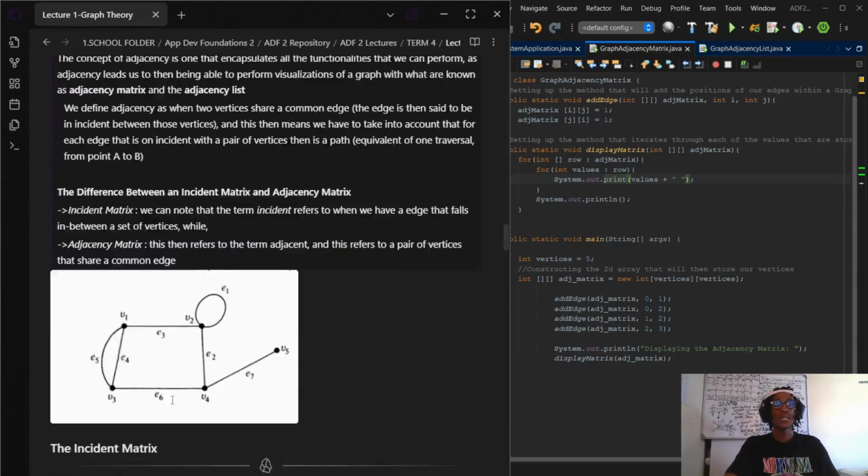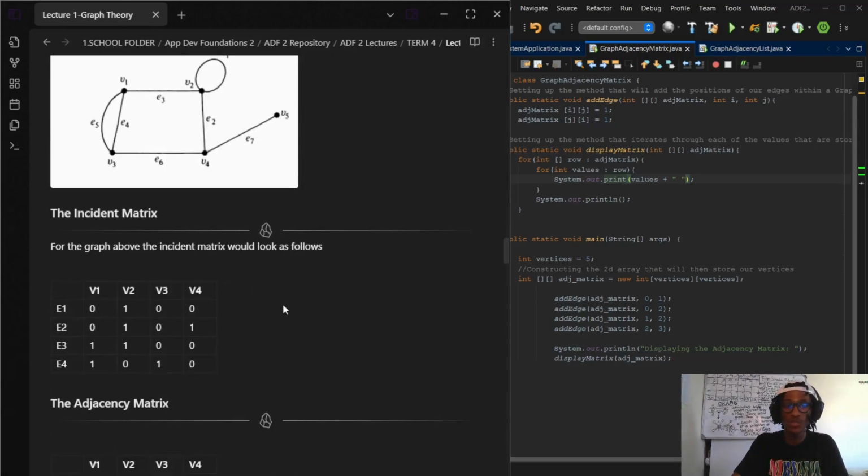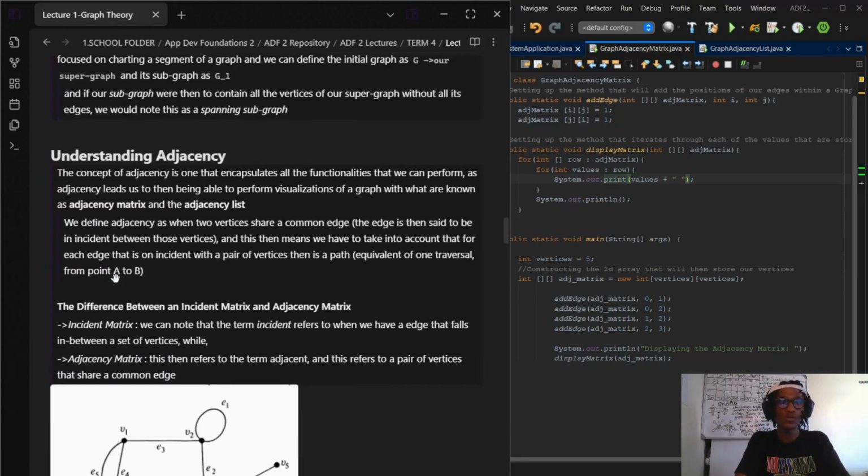But yeah, now we have to focus on the concept of adjacency because it encapsulates the functionalities that we can perform with a graph, because of the way we display a graph visually and in code. We can denote a graph as in this diagram over here, but when using code, this is the way we should think about it when running the code for the graph.